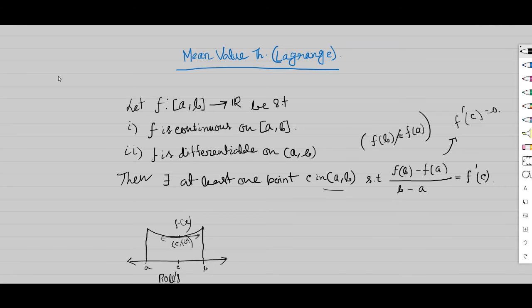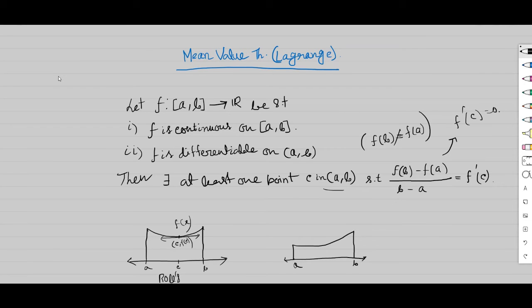As I said, the Lagrange mean value theorem is a generalized version of Rolle's theorem. So the mean value theorem says that this is A and this is B and this is our curve. So here f(a) is not equal to f(b).